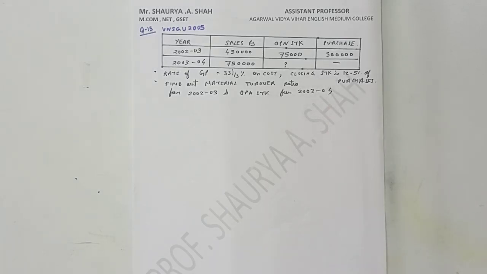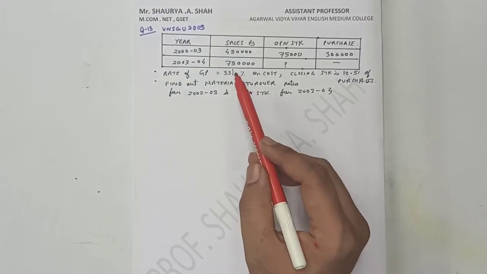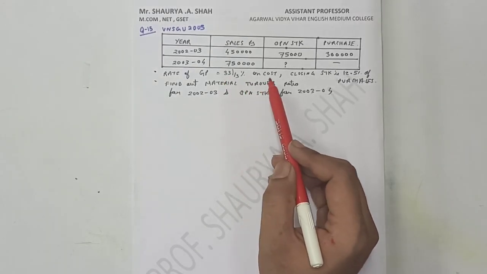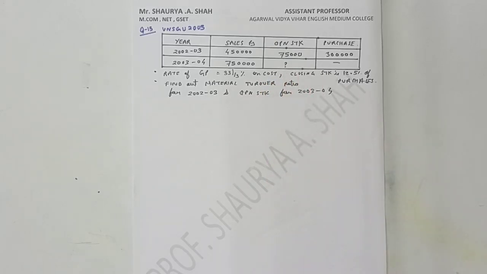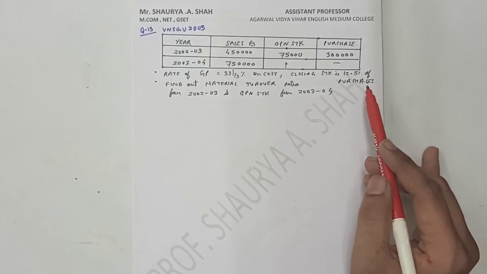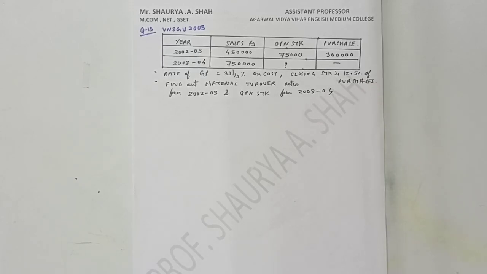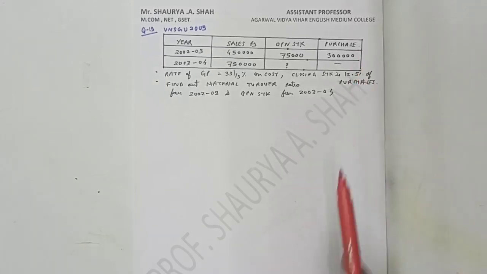So how are you going to calculate it? One of the pieces of information they have given is that the rate of gross profit is 33 1/3% on cost, right, students? And the second thing they have given is that closing stock is 12.5 percent of purchases. So for the year here I can find out the closing stock, definitely yes.